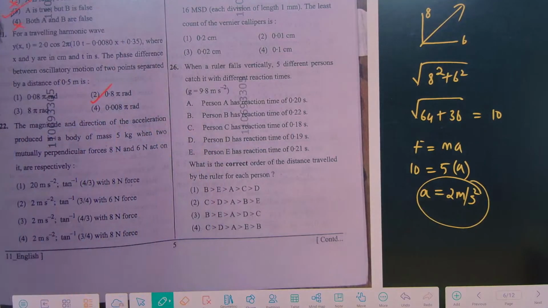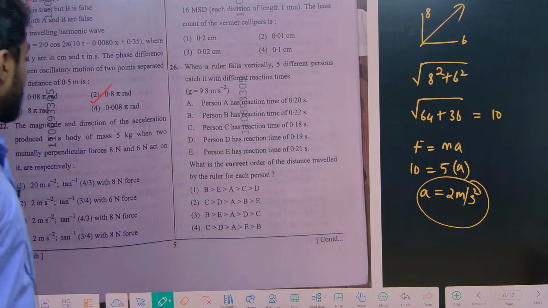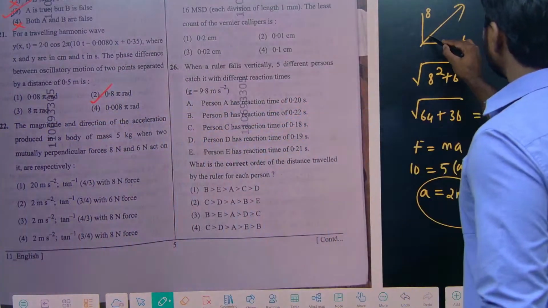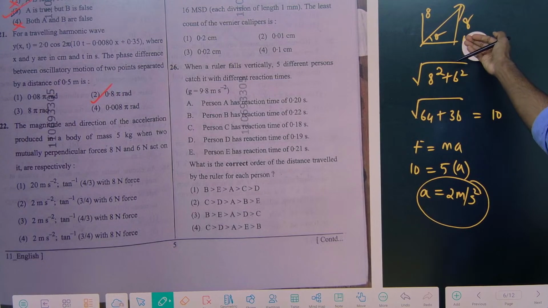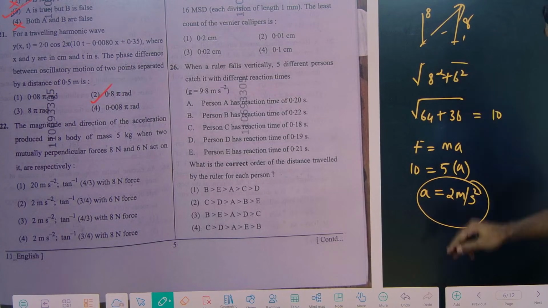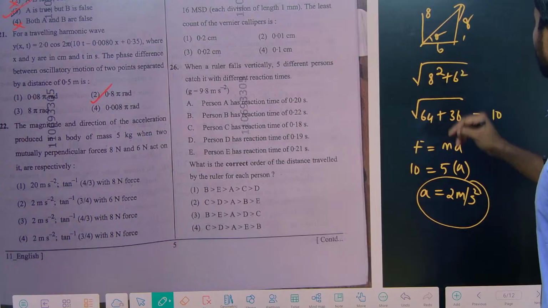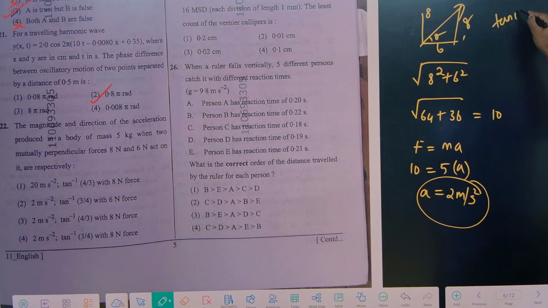What about the angle they are asking? Theta. This is 8 and this is 6. So tan theta will be equal to 8 by 6, which is 4 by 3. Theta will be equal to tan inverse of 4 by 3.